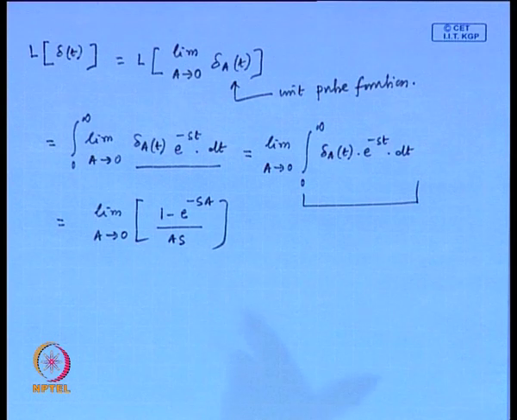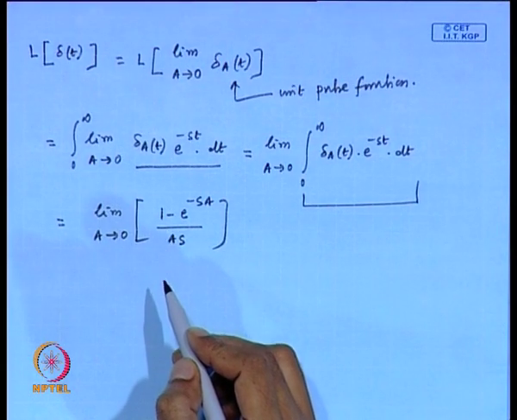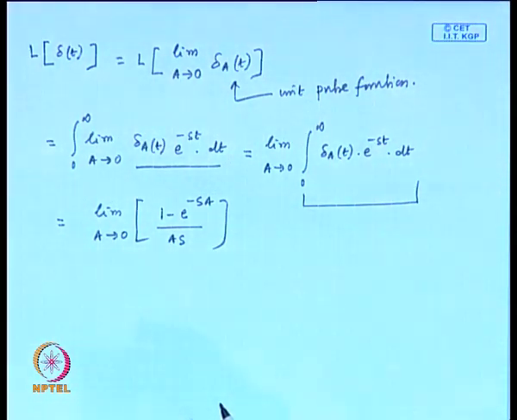We have basically considered the time duration B in the previous example, but in this example we are considering A. So, you just replace B by A, and in the discussion of the pulse function we considered the magnitude A. Here we are considering 1 by A. We derived the Laplace transform of the pulse function, that is A by s times 1 minus e to the power minus B s.